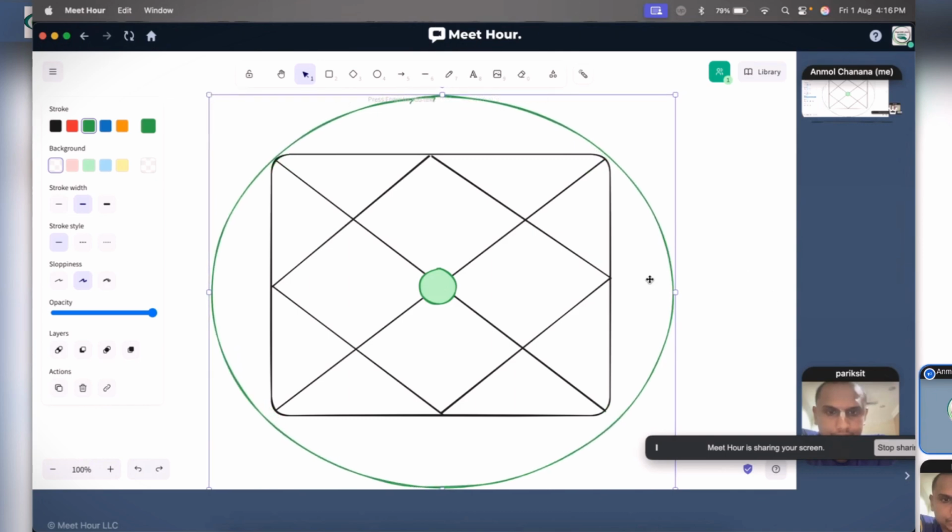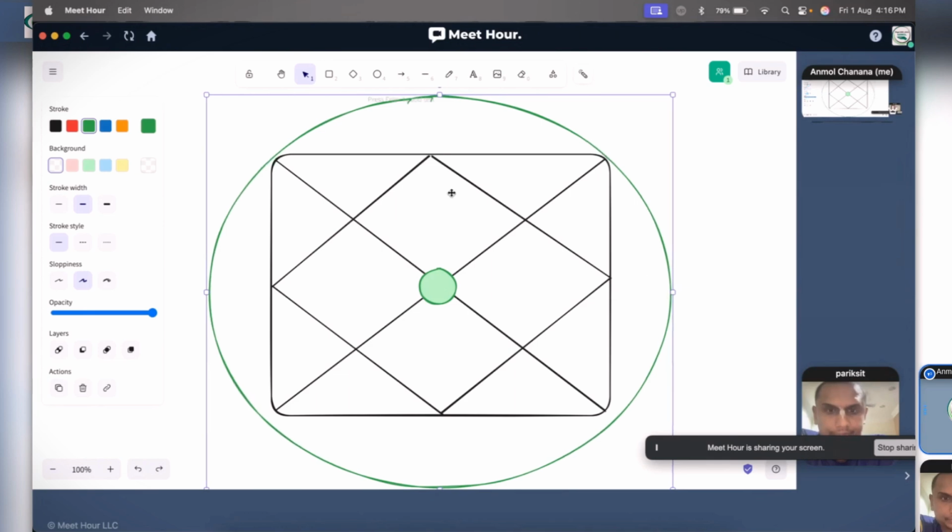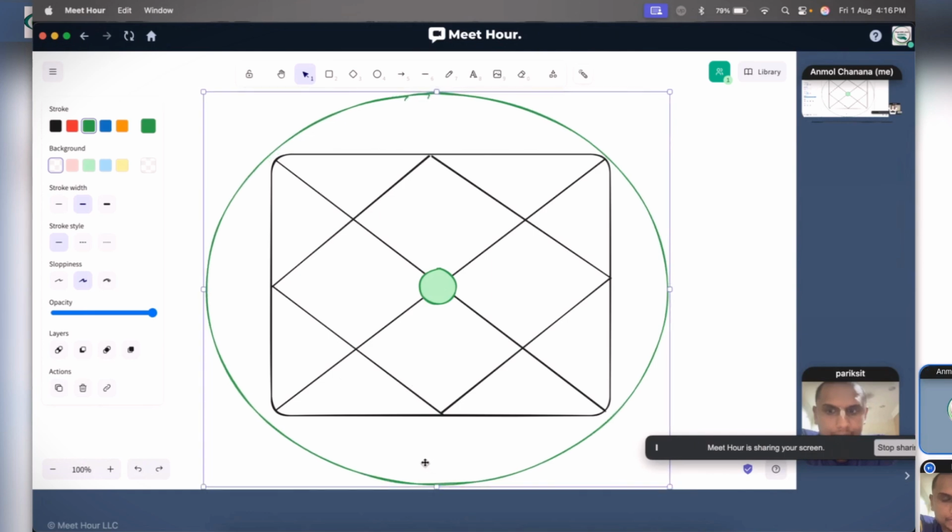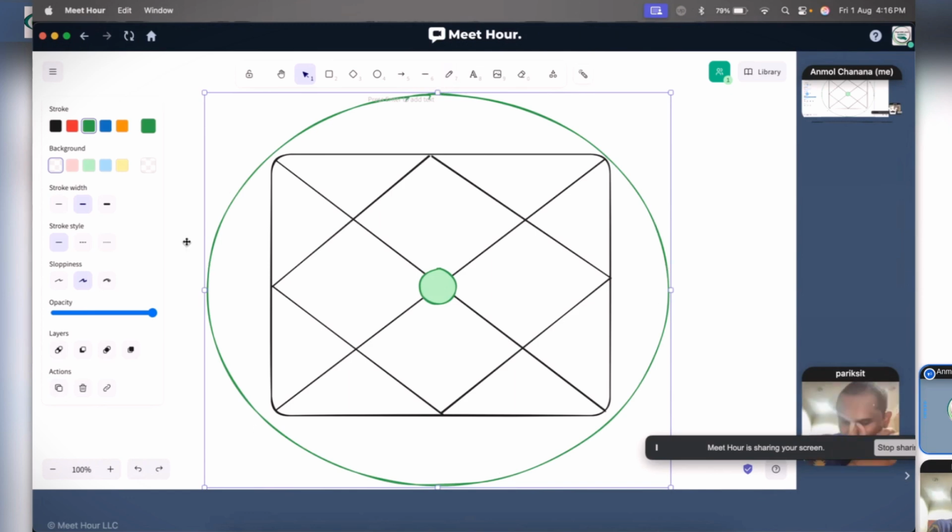This whole circle is your space. We are just taking a screenshot in a format which we can understand. But actually, this is the whole space, this green one.